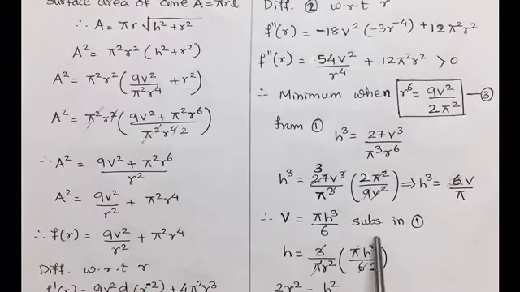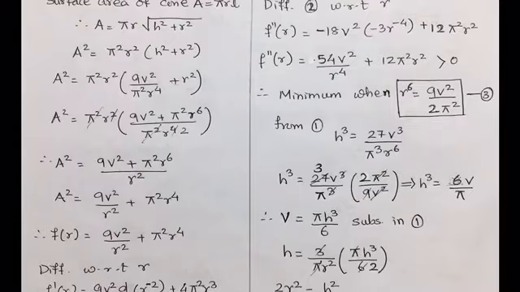Now substituting this value in 1, that is in the formula of h, and simplifying it, we get h is equal to 3 upon pi r square into the v value substituted here, pi h cube upon 6. Cancellation gives us h and h cube gets cancelled to h square, and 2r square remains in the denominator.